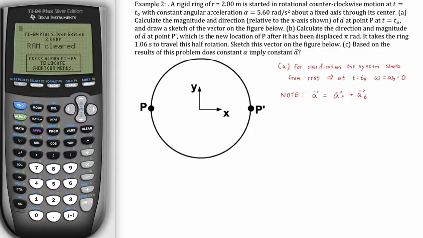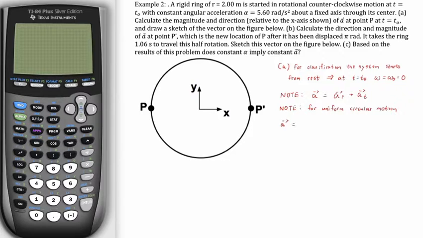So let's add that as a note. For uniform circular motion, the translational acceleration is only equal to the radial part, because the tangential part is 0.